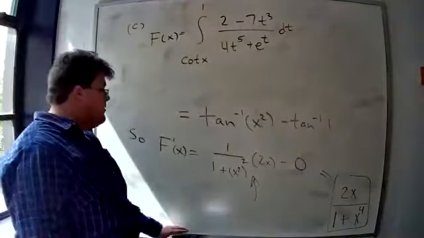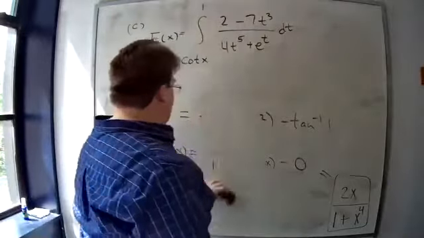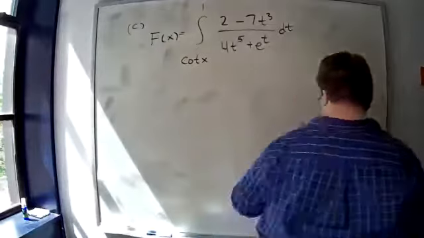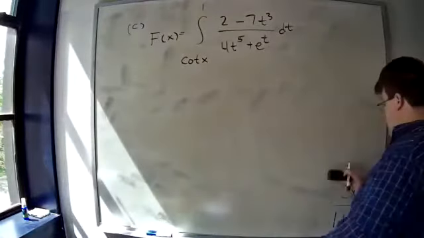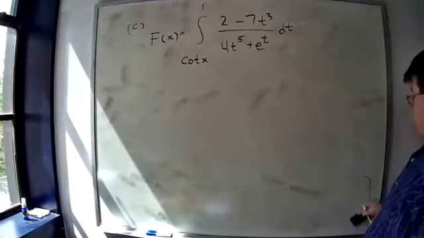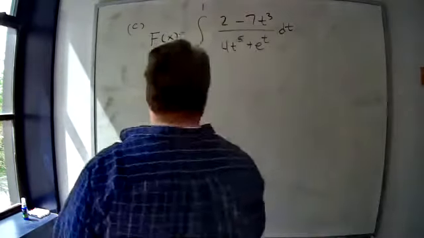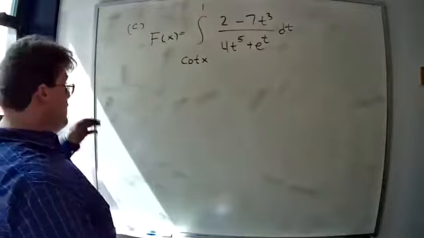We have this function. Here we're going to use the first part of the fundamental theorem of calculus, but the first part applies only when the lower bound is a number and the upper bound is a function of X. Here, we don't have that. Here, we have the opposite.